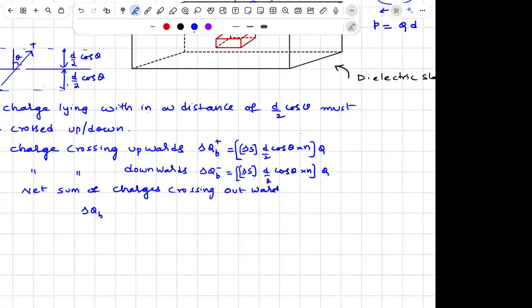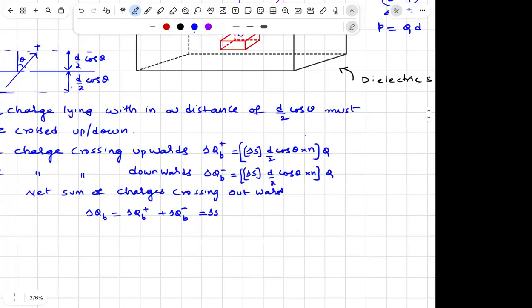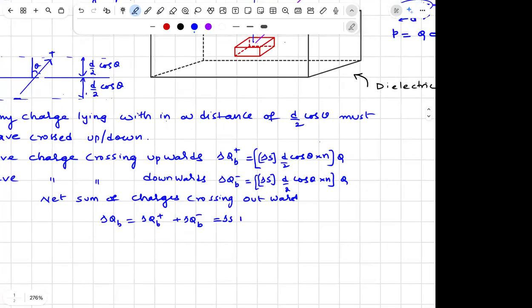That is delta QB plus delta QB minus. By the way, this is delta S, T cos theta into N.